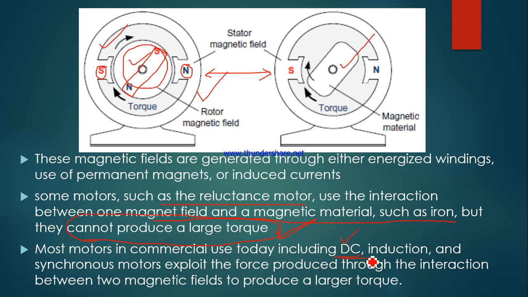But the problem is, some DC machines need mechanical commutation, where brushes and commutators are involved.